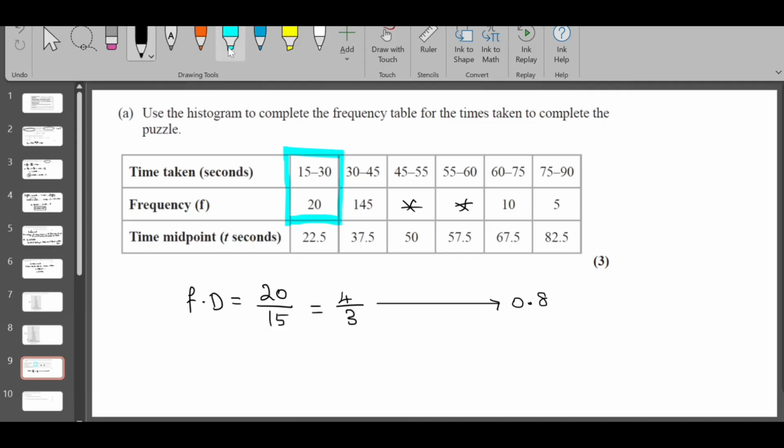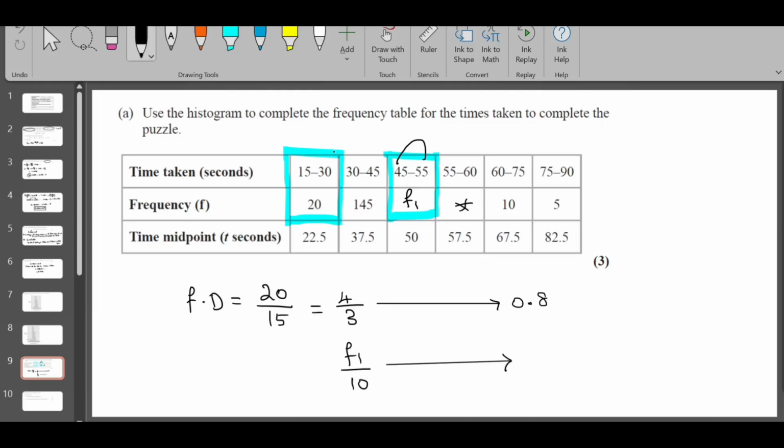Now let's take this one, 45 to 55, and call the frequency F1. So the height of the bar should be F1 over the class interval. The difference between these two is 10. That should be the height of the bar.